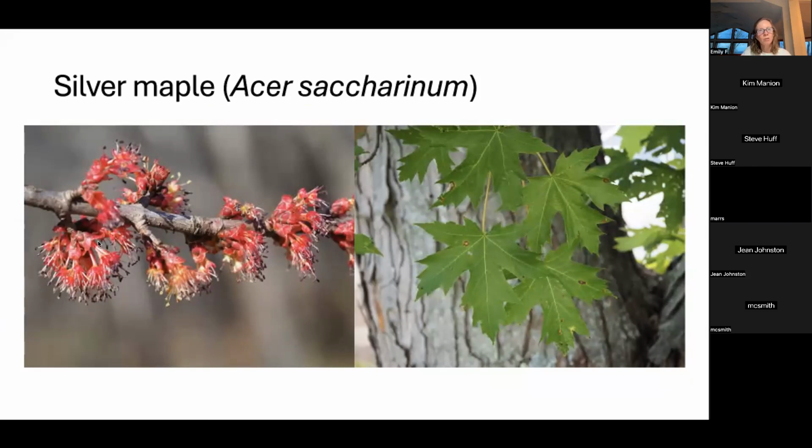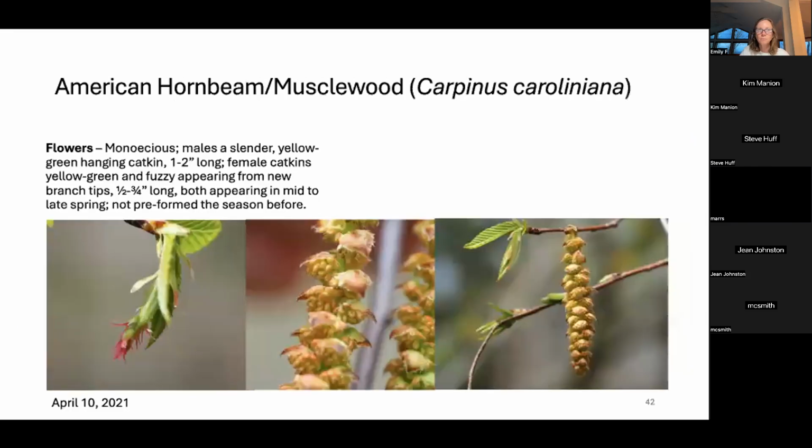If you don't see the flowers, the leaves are going to start to come out, and these are highly dissected leaves, and they're very, very pretty. And the underside of them is silver, which is why this is a silver maple. This is, again, something you should see on stream banks and in floodplains as you're driving around.